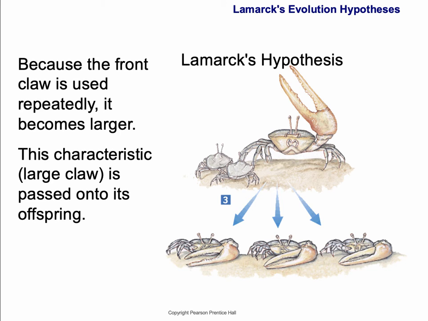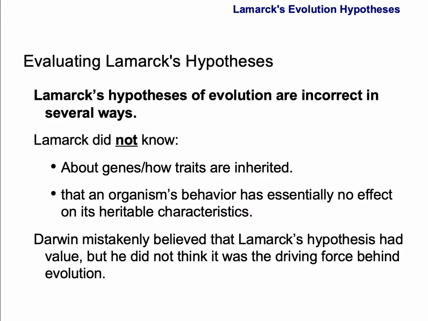And we now know that Lamarck was wrong, but understandably so because he didn't understand the mechanisms for inheritance. We now know that if an animal uses a particular structure in its body during its lifetime, that doesn't usually mean that it's going to change the genes.